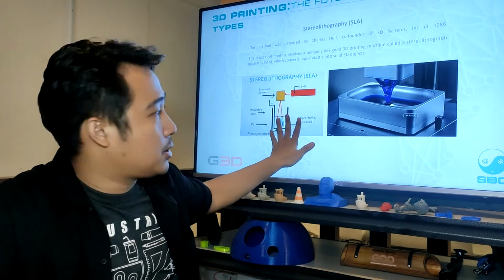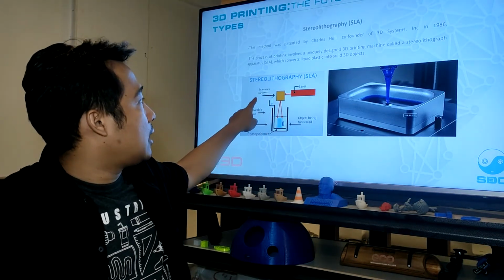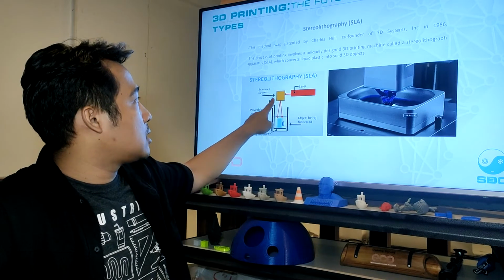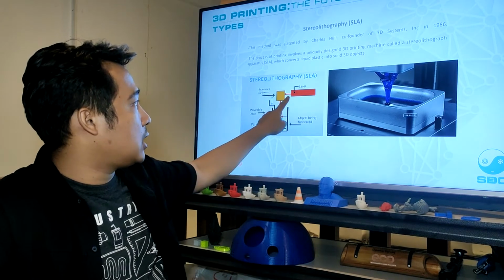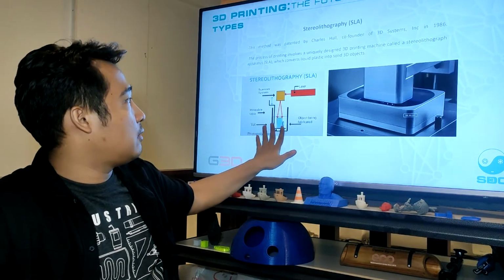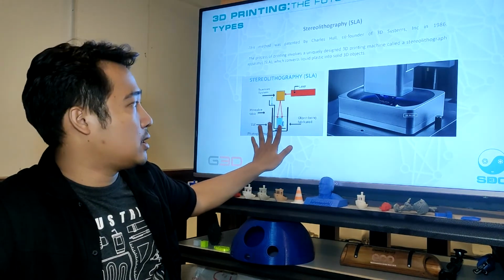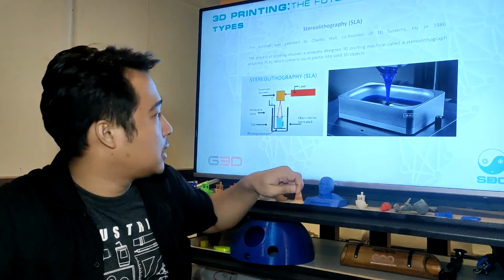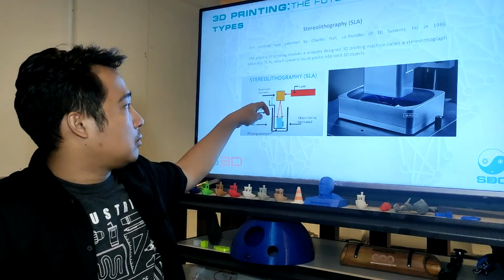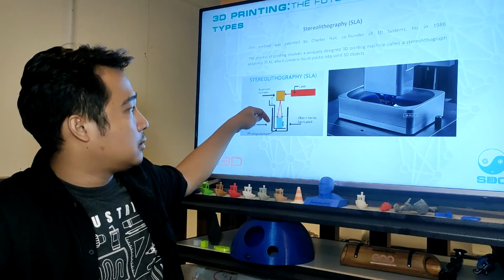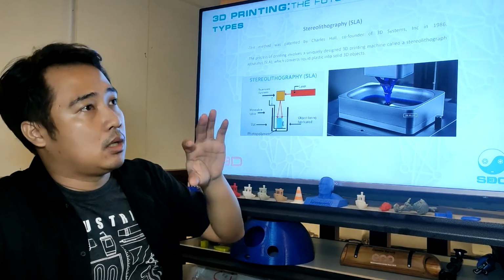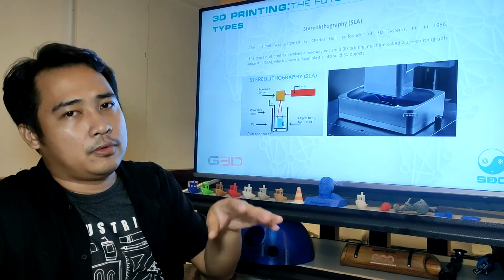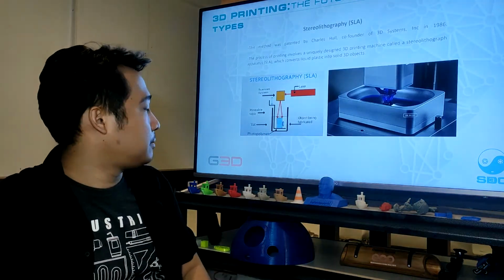As you can see in the picture, this is the laser. This scanner system will project the laser to the vat where the resin or liquid polymer is in. When the laser with UV light has contact with the resin, it will cure the resin for a few seconds or milliseconds.